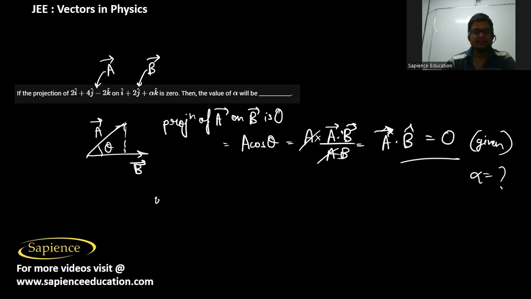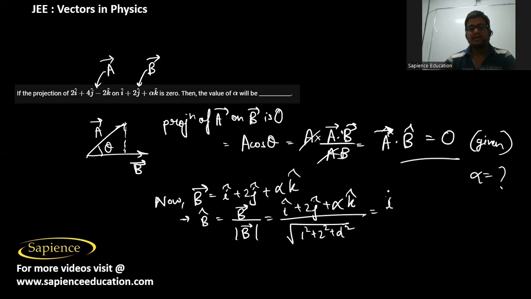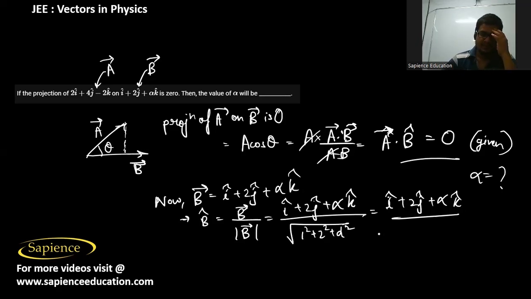So now vector B is equal to i cap plus 2j cap plus alpha k cap. Therefore B cap will be equal to B vector by the magnitude of B vector, that is i cap plus 2j cap plus alpha k cap divided by the square root of 1 square plus 2 square plus alpha square, which is root over 5 plus alpha square.